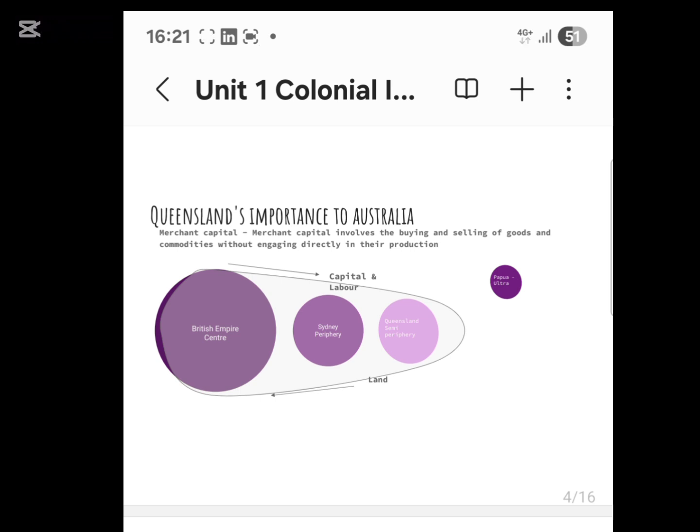That is the reason why you will not see a lot of plantations in the Papua region from 1884 to 1945. It comes back to this relationship here.